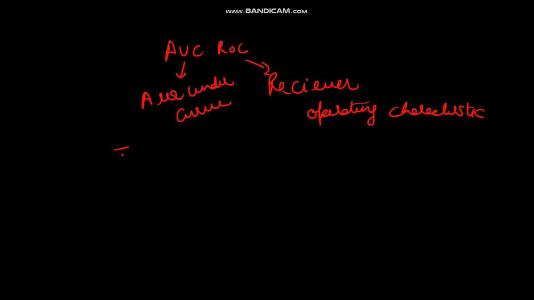So the various values that are required are TPR, FNR, TNR, FPR, where TPR is true positive rate, which is true positive by actual positive.